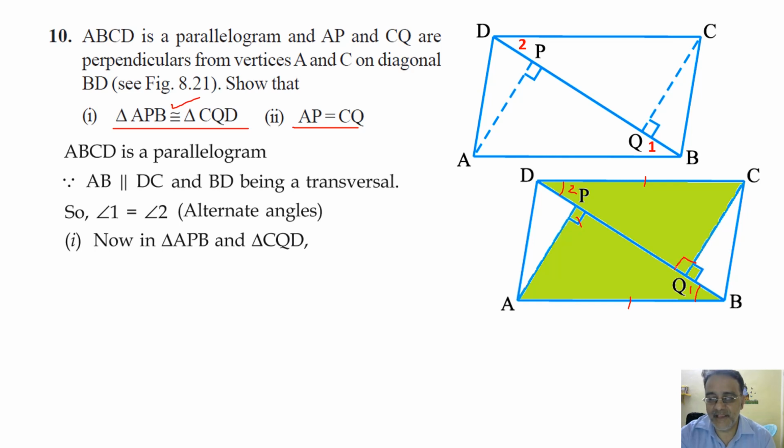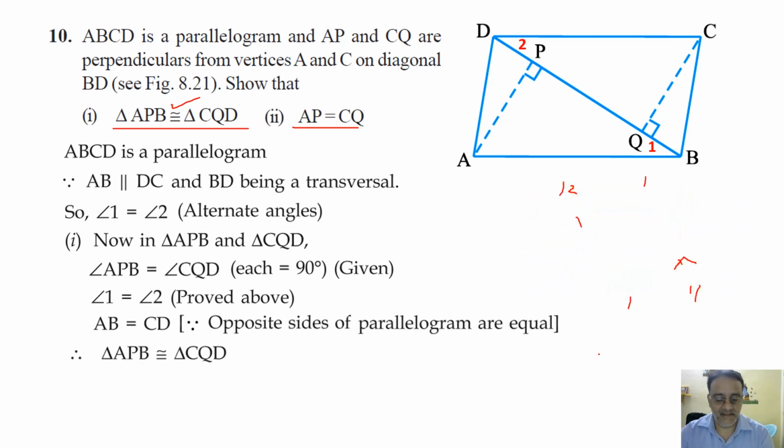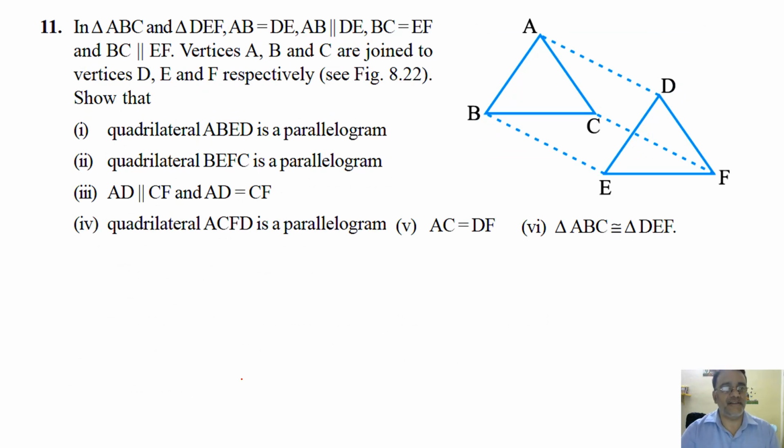Each 90 degrees. So these two triangles are congruent by which criteria? Angle angle side, AAS. So AP is equal to CQ by CPCT. Right. Now we are moving toward the next question, the 11th question.